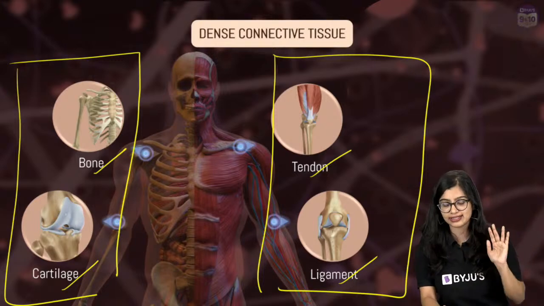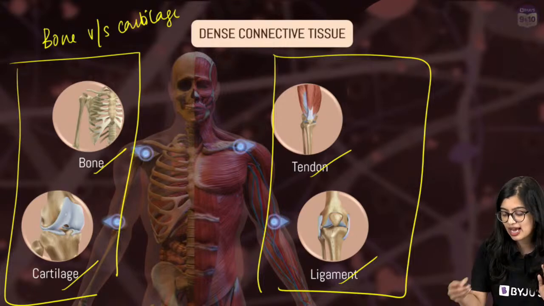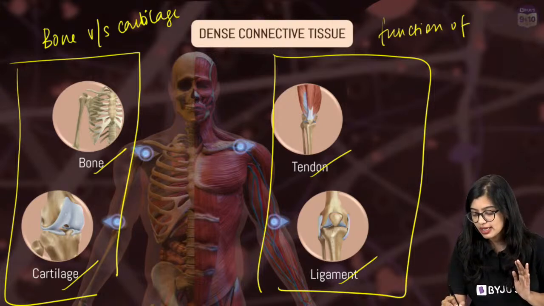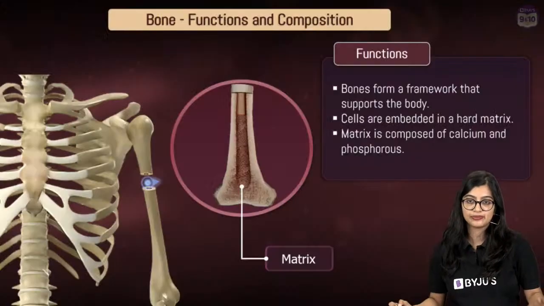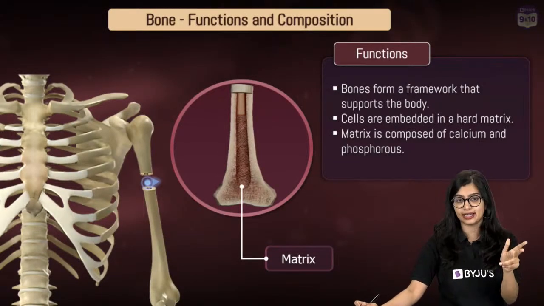Because normally in your exam they will ask you to differentiate between structure of bone versus cartilage, right? Or they'll ask you to differentiate between function of tendon and ligament, okay? This is something that they will normally ask you in the examination, which is why we will do it as bone plus cartilage and tendon ligament, okay?